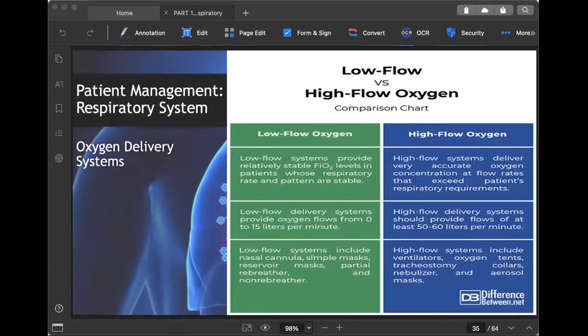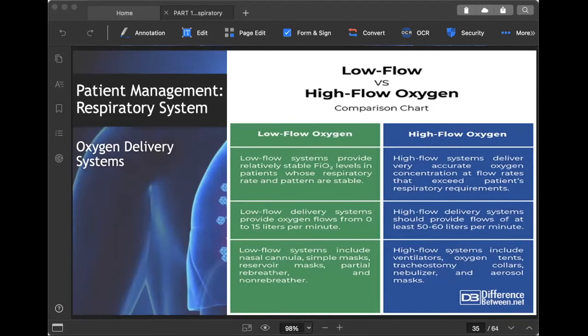For oxygen therapy, we have low flow oxygen and high flow oxygen. From the term itself, low flow oxygen devices work by supplying oxygen at a flow rate less than the patient's inspiratory volume. Usually here we're giving 1 to 10 liters per minute.